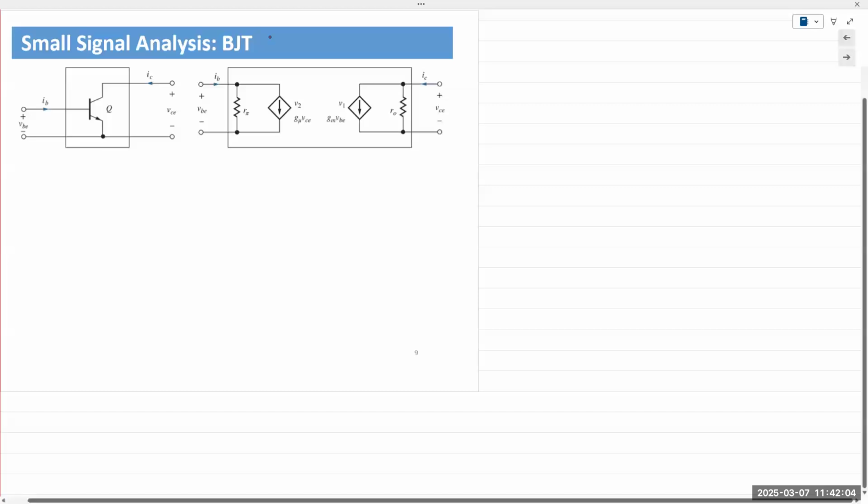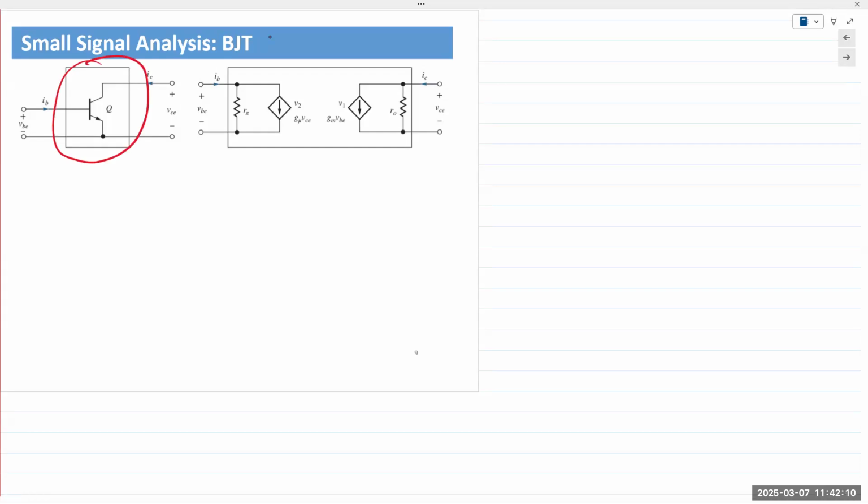And here we have a 2-port model for a standard BJT. Obviously this is the base, collector, and emitter, an NPN transistor.